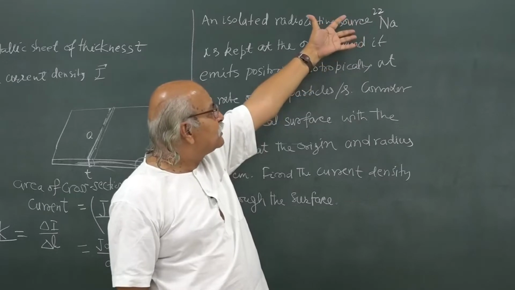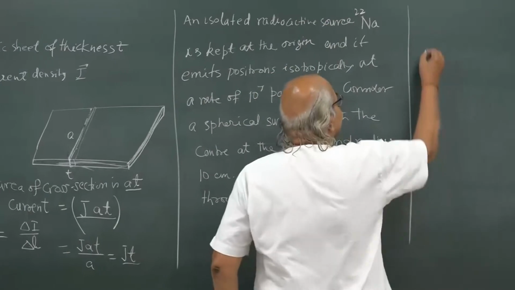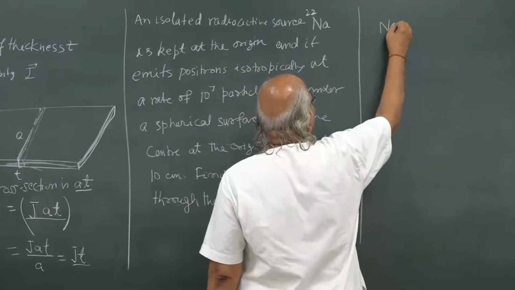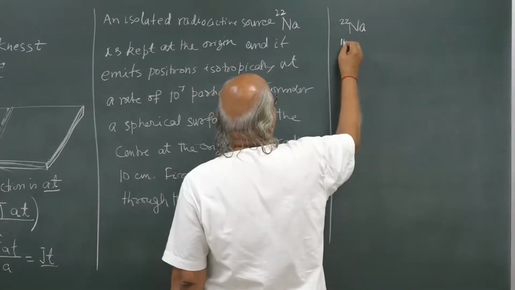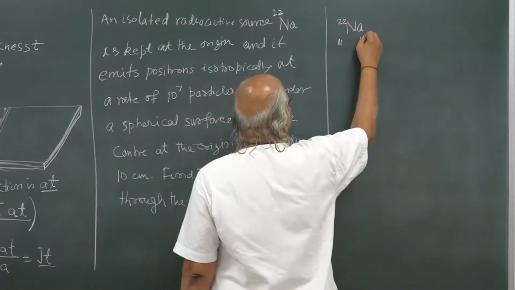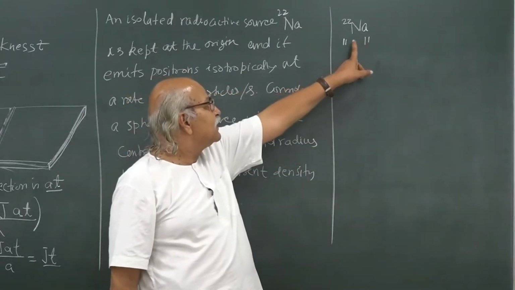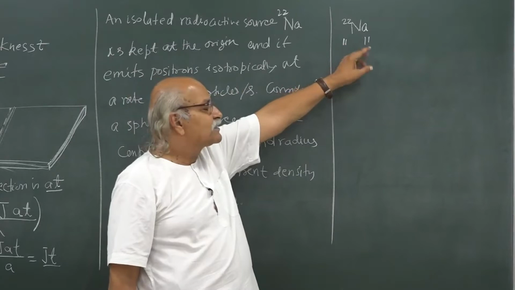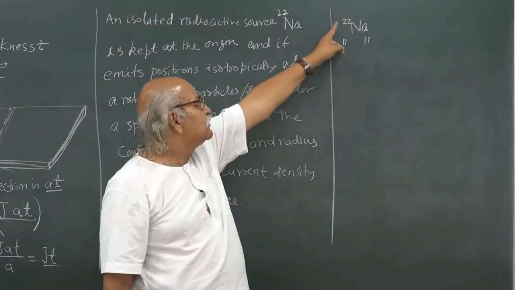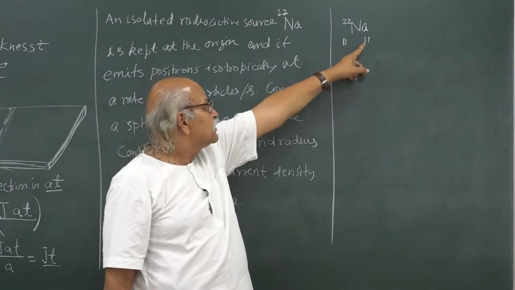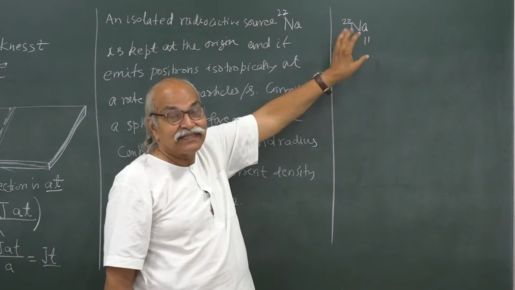That is the most stable isotope. But sodium 22 means 11 protons and 11 neutrons, so the number of neutrons is less and the number of protons is more.